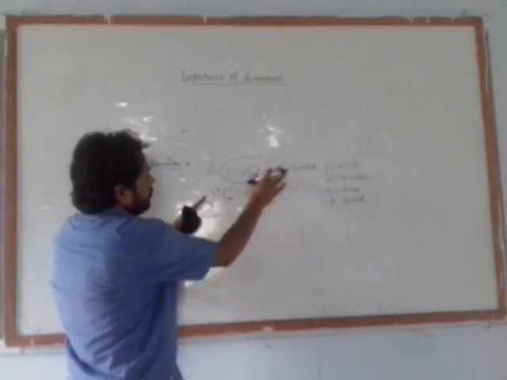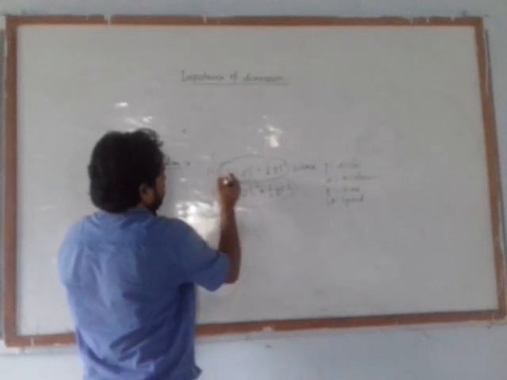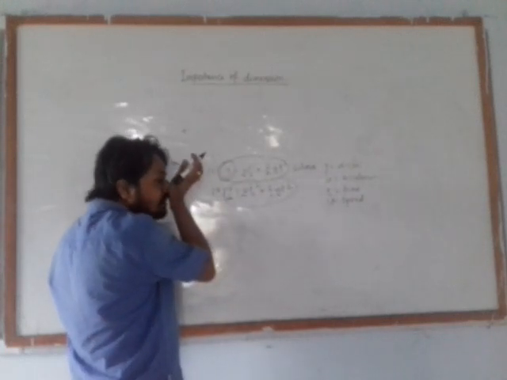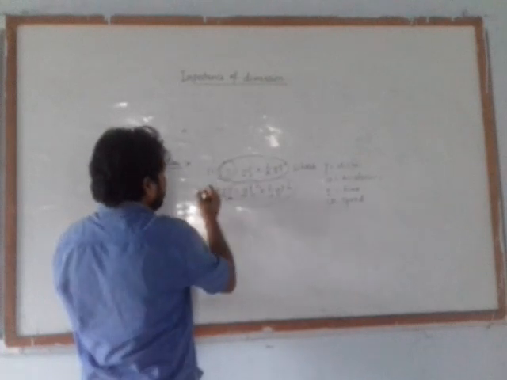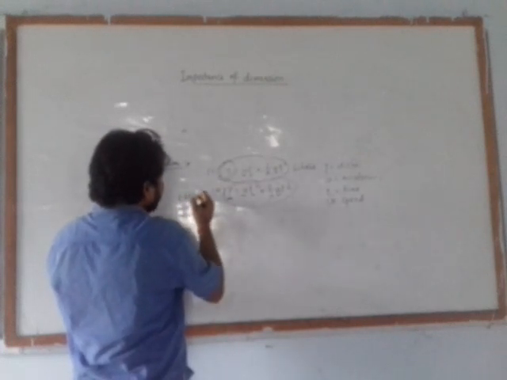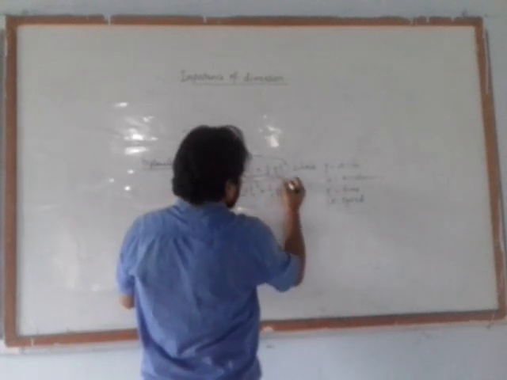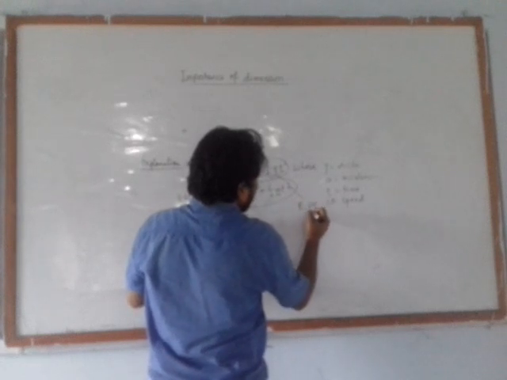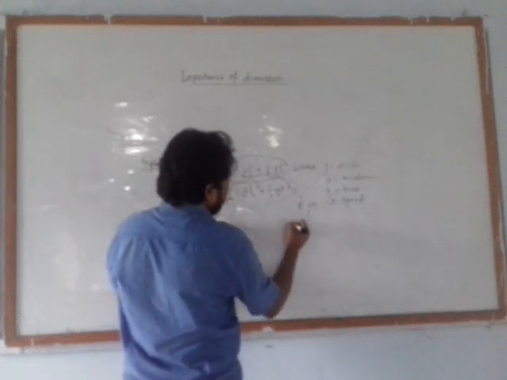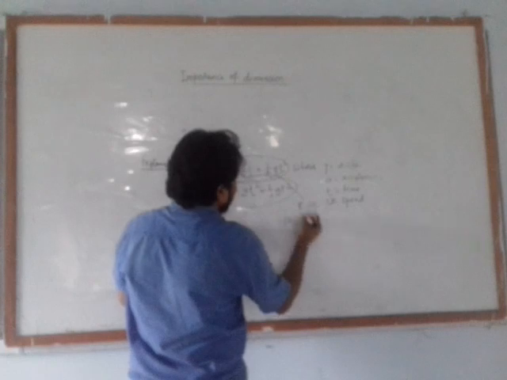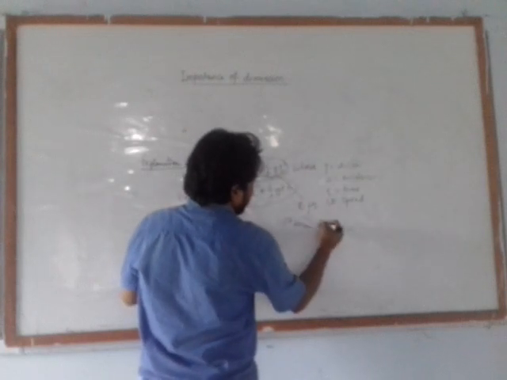And the equation has 2 parts. One is the LHS, the left hand side, and the other is the RHS. The RHS has 2 terms, first term and second term.